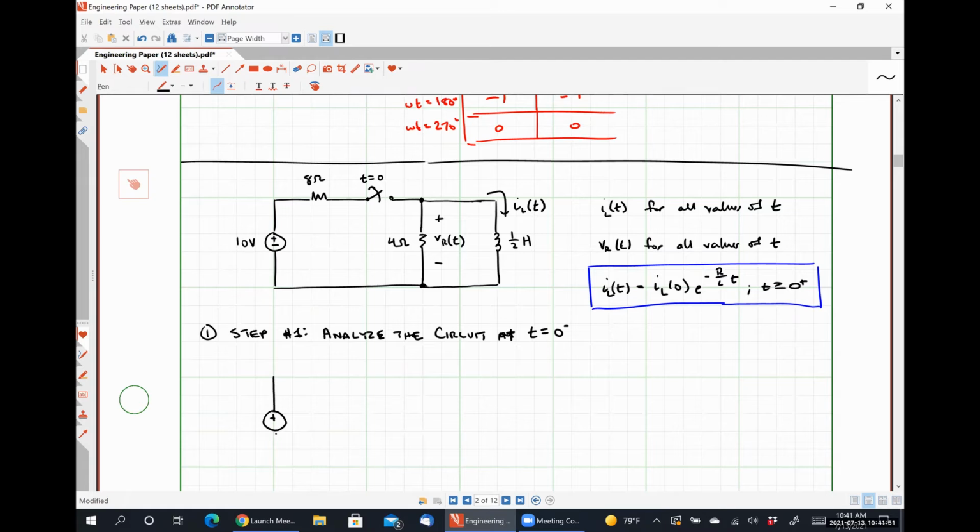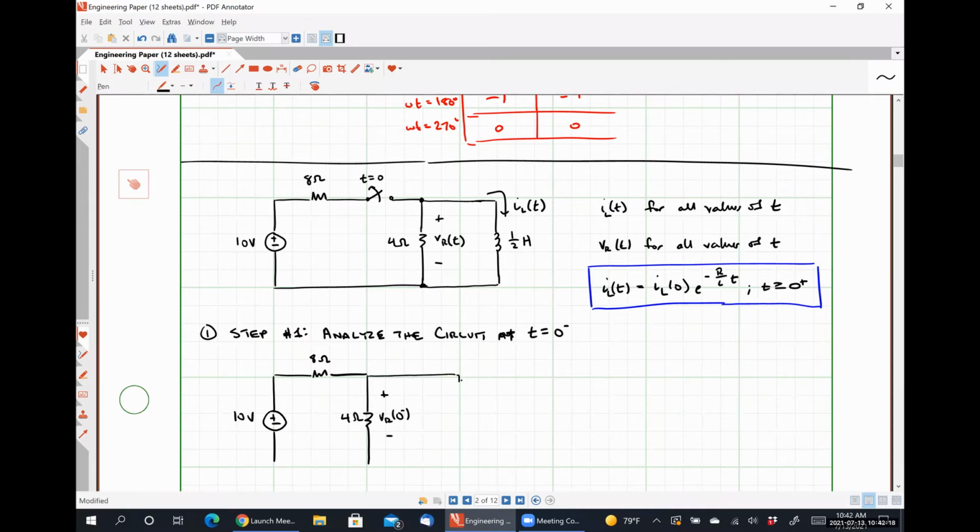We have our 10 volt source. We have our 8 ohm resistor. Our switch looks like a short circuit. Then I have my 4 ohm resistor over which there could be some voltage VR at 0 minus, and I will figure out what that is.